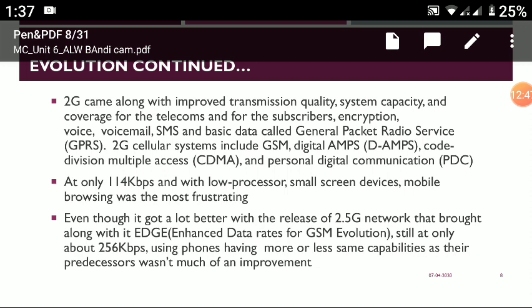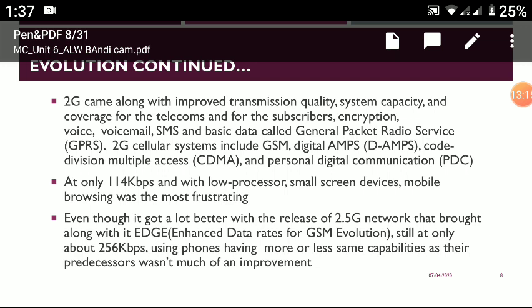Actually, if you look at any 1G mobile phone, the screen was very small and the processor speed was also very low, and while using that, people got frustrated. But right now in 4G and 5G, the screen size has increased, and people can easily access anything.